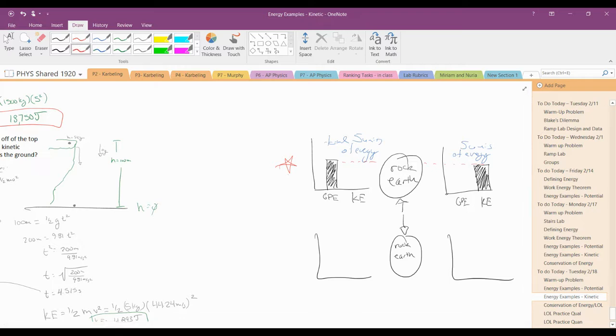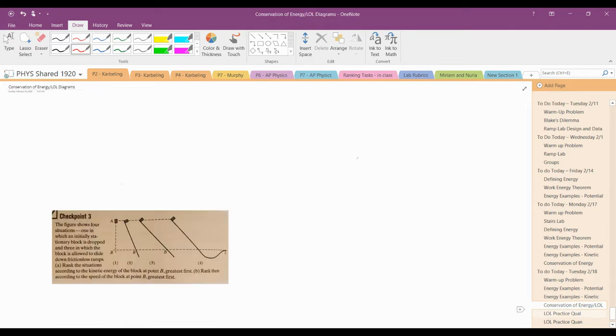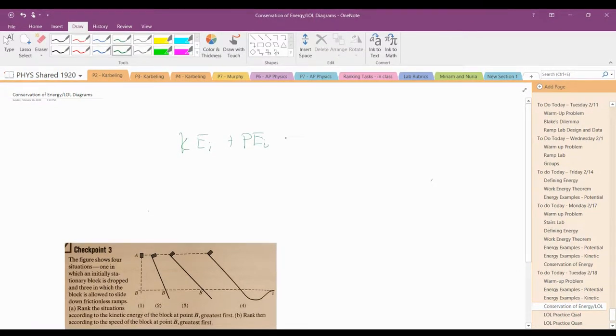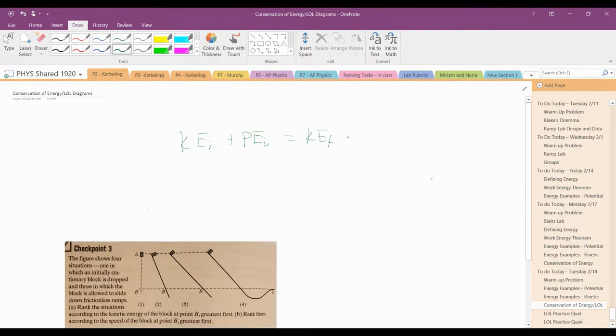So you should always have the same amount of units of energy at the beginning and at the end. Okay? And that's what we call the conservation of energy: your kinetic energy initial plus your potential energy initial equals kinetic energy final plus potential energy final.